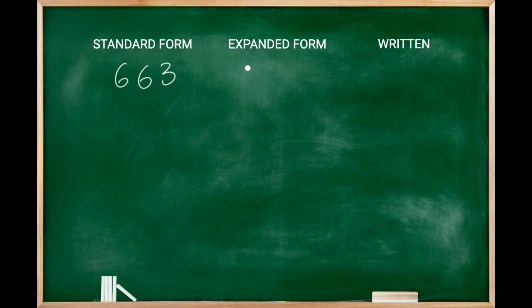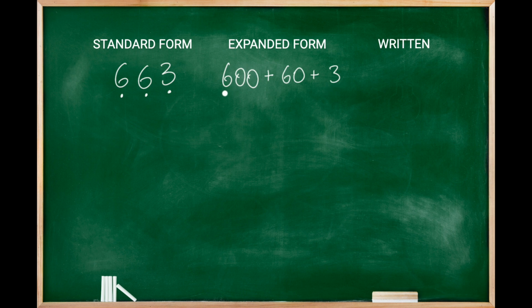If you want to write these numbers with place values, how many hundreds do we have in the hundreds place? 6. Basically we have 600. And how many tens do we have in the tens place? 6. That makes 60 if you count them. And how many ones do we have in the ones place? We have 3 ones. That is 663.